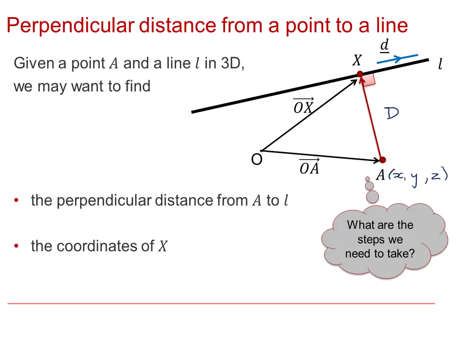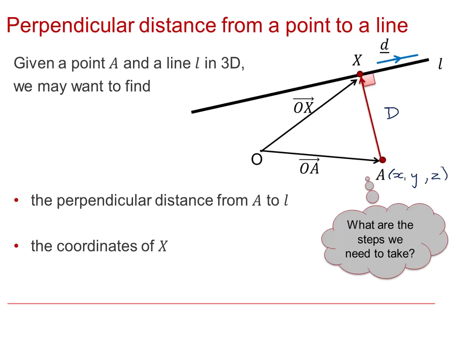Unlike the 2D situation, we are not given a formula for finding the perpendicular distance. But we note that the shortest distance in 3 dimensions is still the perpendicular distance.